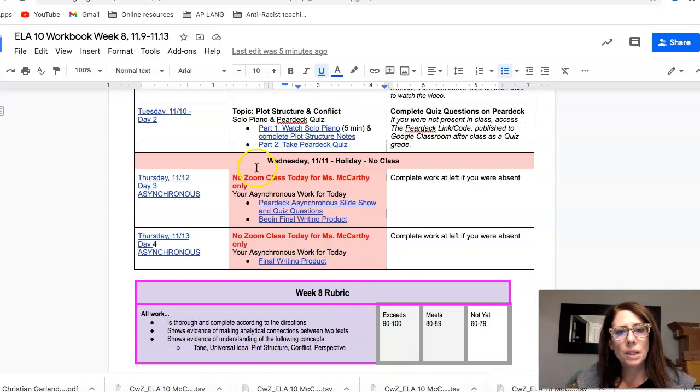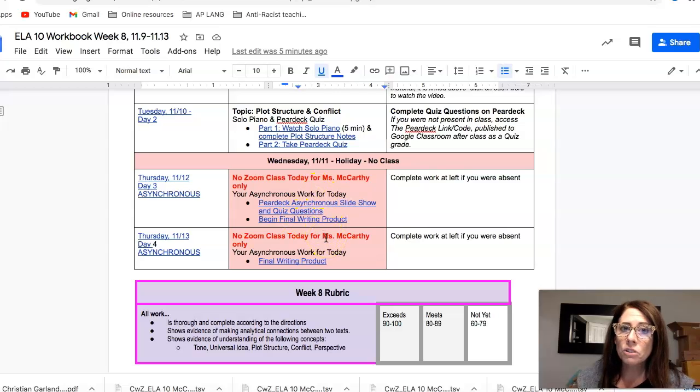Reminder that this week is a holiday on Wednesday, so there is no school. And then Thursday and Friday, the 12th and 13th, I am not in school, so there will be asynchronous work that is assigned for both of those days.